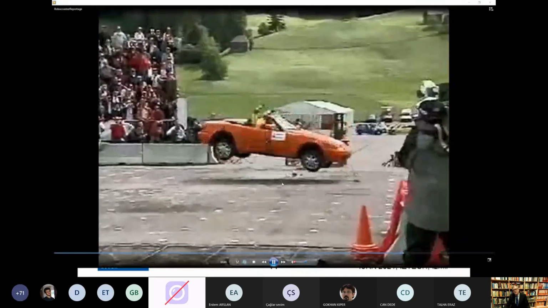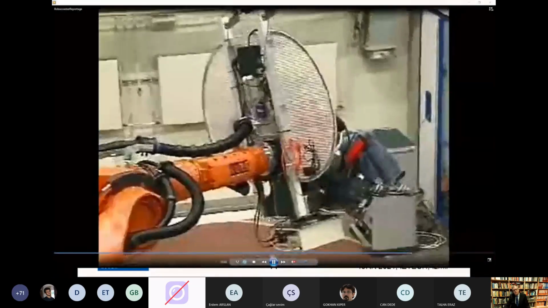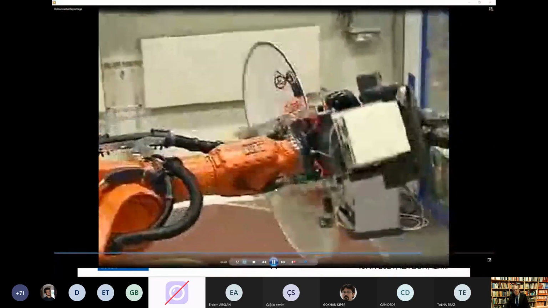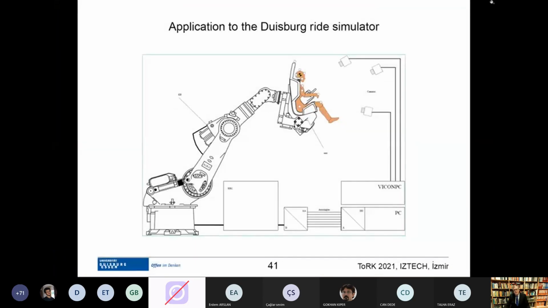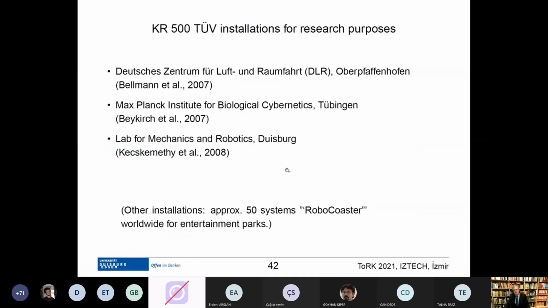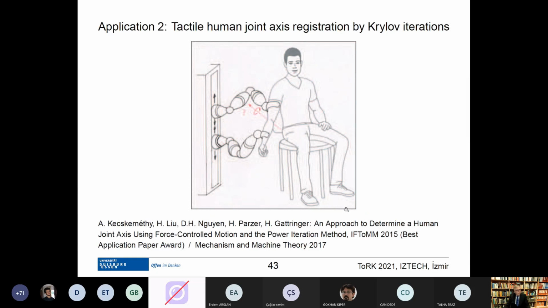This is one application where we're looking at what happens in car rollover situations, but of course without creating injury risk for the passengers. So there's something that can be done in this direction, and there are a couple of systems in Germany around. Now I will show one other application we are currently working on, and by this I want to show how long it really takes to come from an idea to something working.